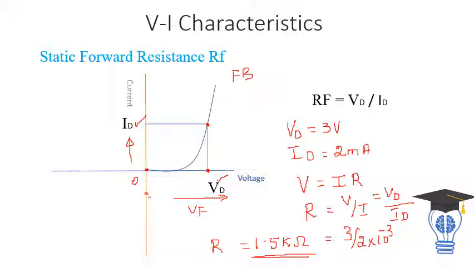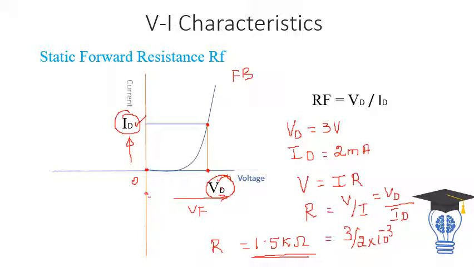So with this example, I have found a resistance for a forward voltage VD of 3 volts and respective current ID of 2 milliamps.